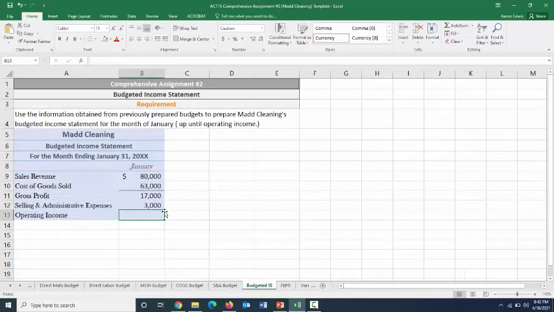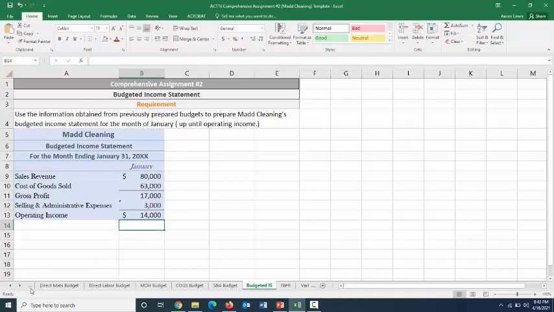And for our operating income, well, that's just gross profit minus all of your period costs, all of your selling and administrative costs. So if we have $17,000 that we're making purely from markup on the goods that we are producing and then selling, and then another $3,000 worth of costs that we have to pay besides the cost to produce those goods, that means at the end we're going to have $14,000 worth of operating income left over at the end of the period.